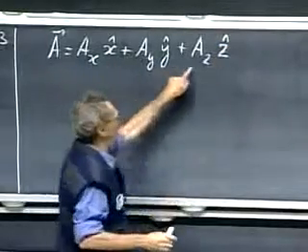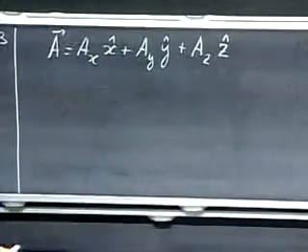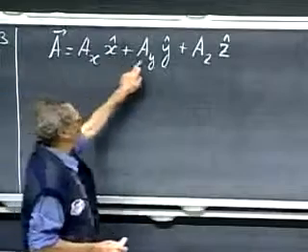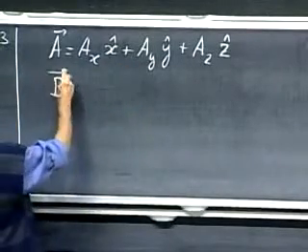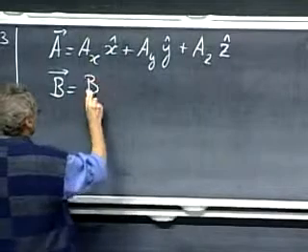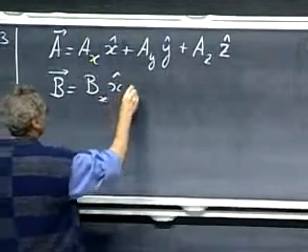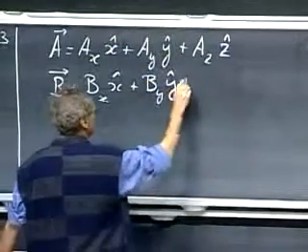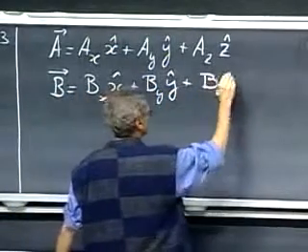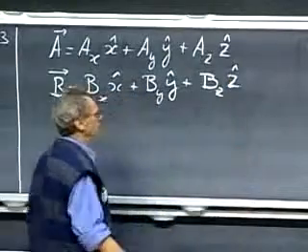So these are the 3 unit vectors in the x, y, and z direction, and these are the x component, y component, and the z component of the vector A. I have another vector B, b_x x-hat, b_y y-hat, b_z z-hat.